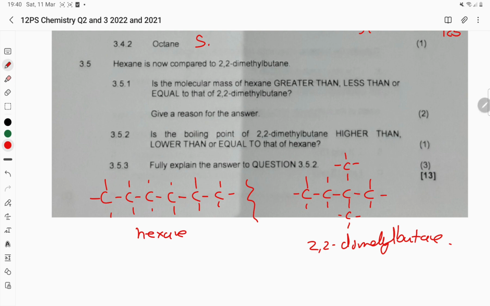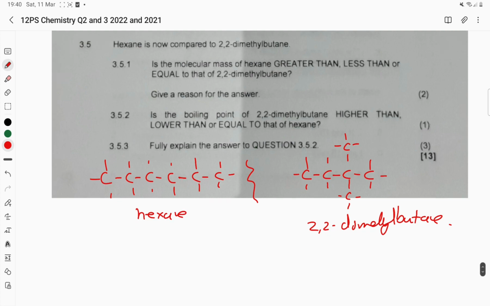If you count the carbons, 1, 2, 3, 4, 5, 6, and 1, 2, 3, 4, 5, 6, and if you count the hydrogens, you'll also get the same. So their molecular masses are equal, because they have the same molecular formula. Both are C6H2n+2, so C6H14.